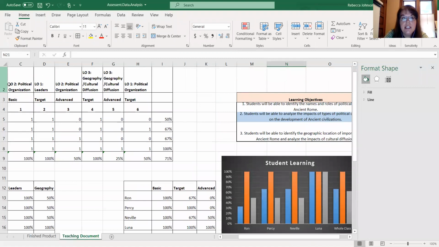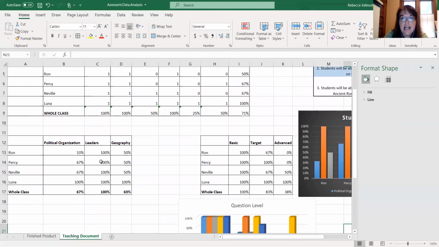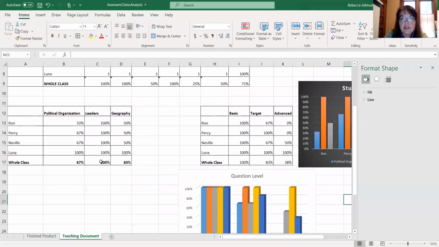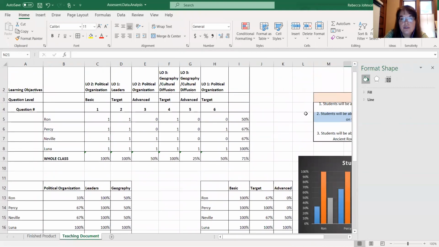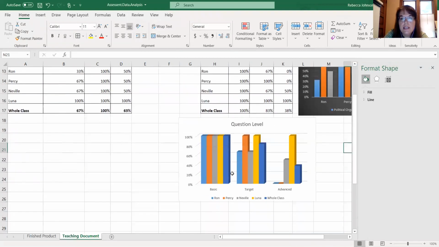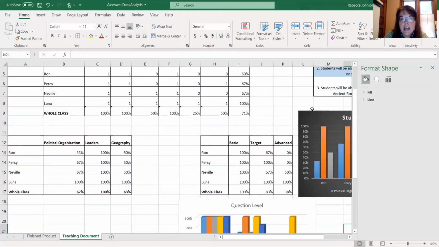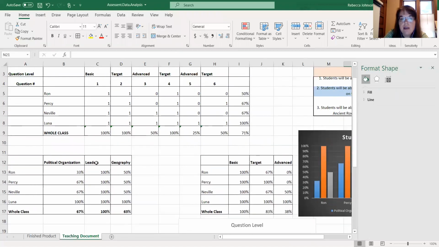You definitely need to include this table. I actually, if I were you, I would include all of these things. You need to include the learning objectives. You need to include the tables that talk about this, but you also need to talk about the graphs. If anything that you were to leave out, I would leave out this one and this one that summarizes what's in here.